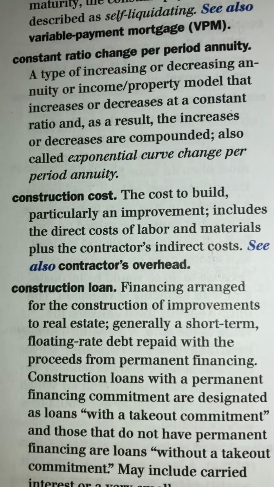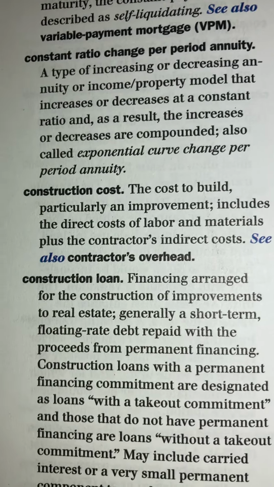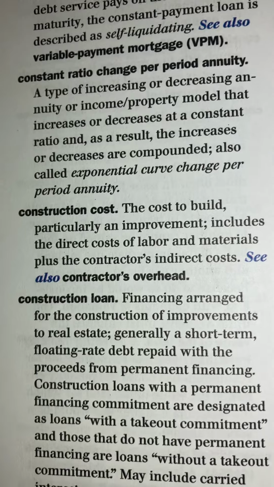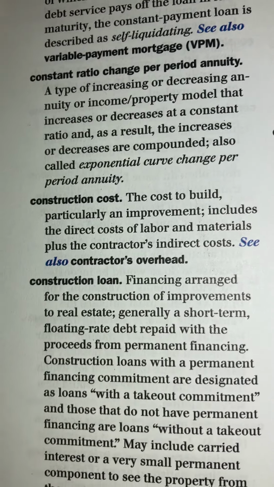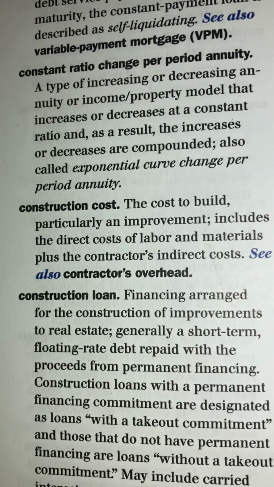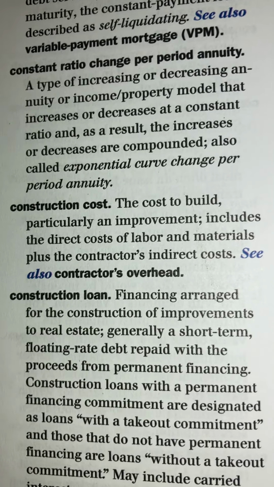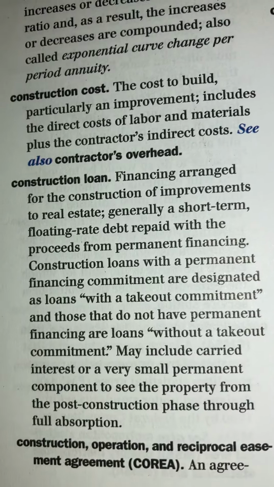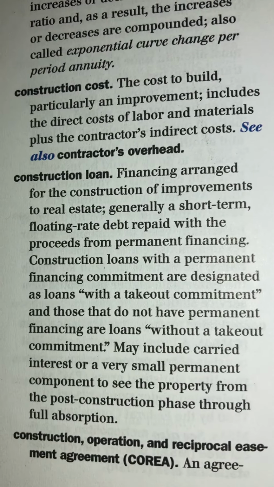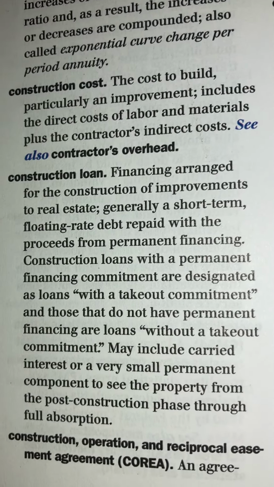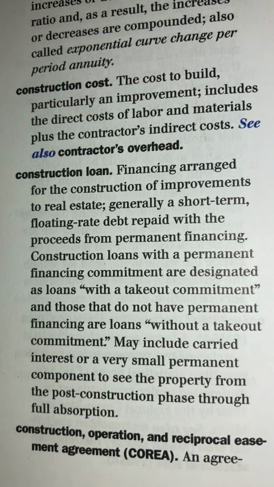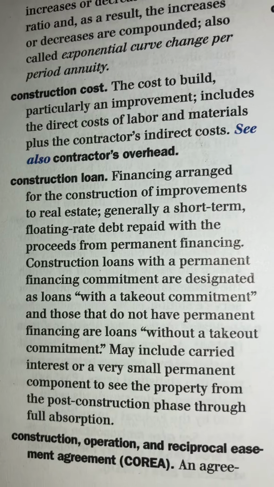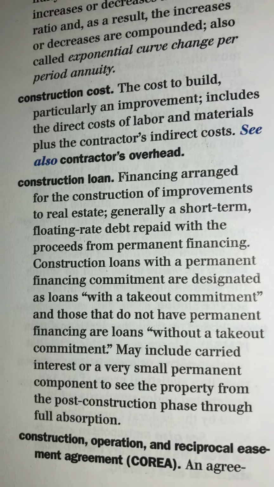Construction cost. The cost to build, particularly an improvement, includes the direct costs of labor and materials, plus the contractor's indirect costs. See also contractor's overhead. Construction loan. Financing arranged for the construction of improvements to real estate, generally a short-term floating rate debt repaid with the proceeds from permanent financing.